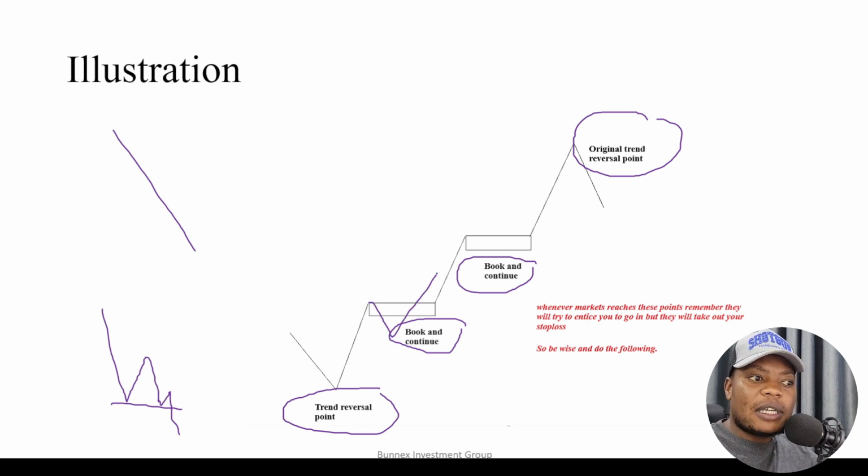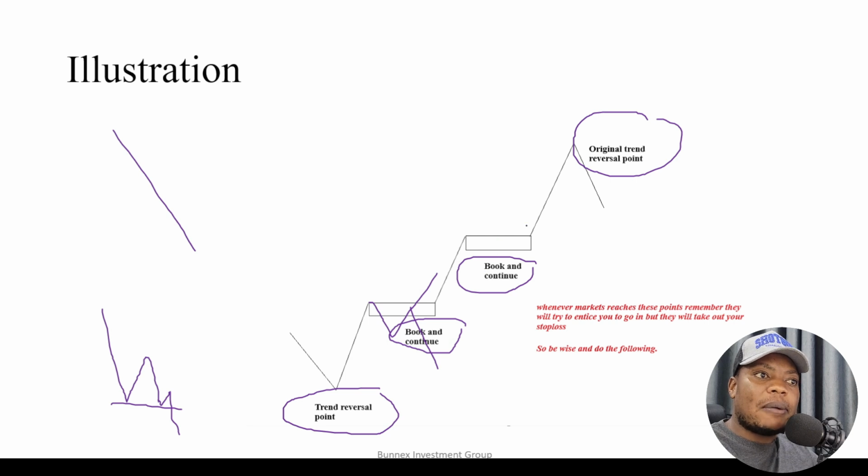Same applies at this particular point. You'd expect them to give you something like this and continue. They'll give you those candles, especially during the Asian London session changeover. They'll entice you as if the market is already going to the upside, but later you'd see the market going to the downside after you have already entered and your stop loss is already kicked out.